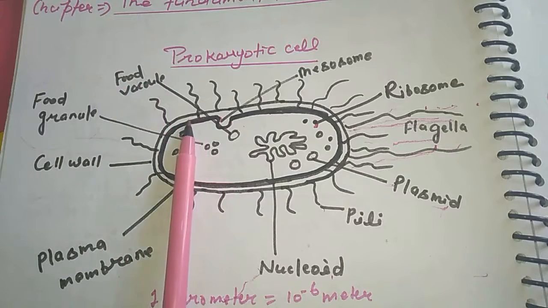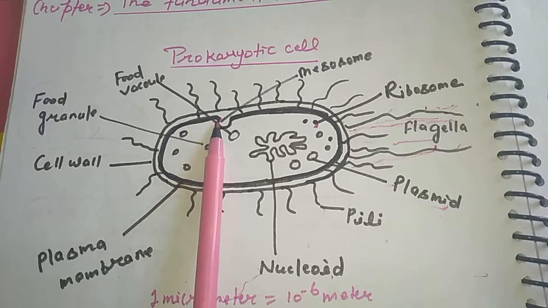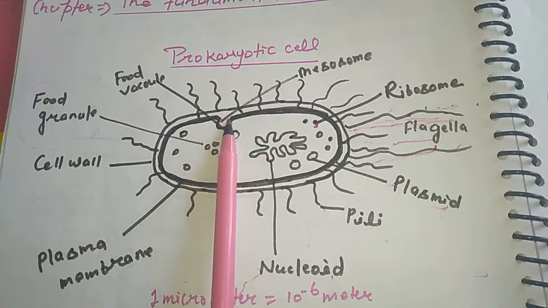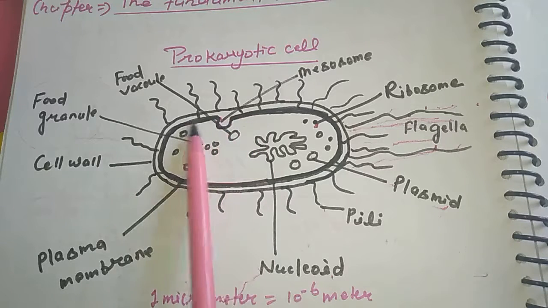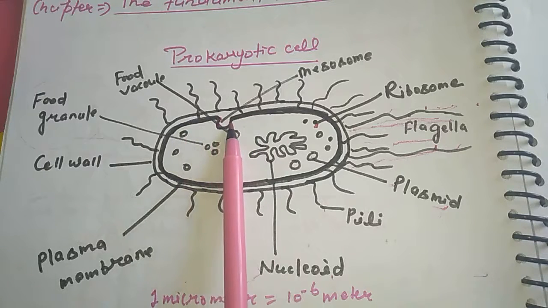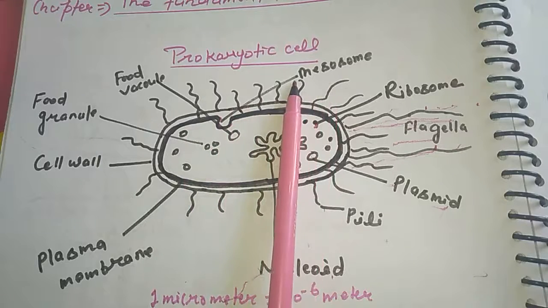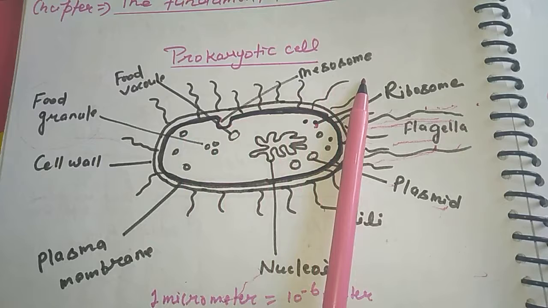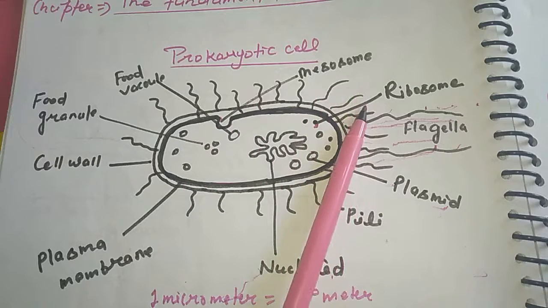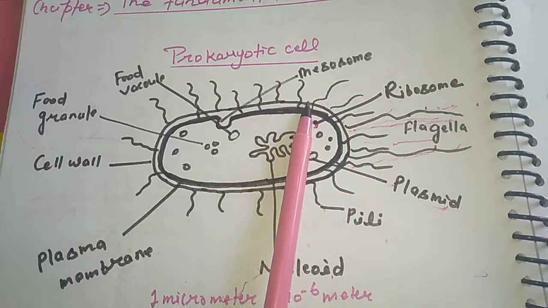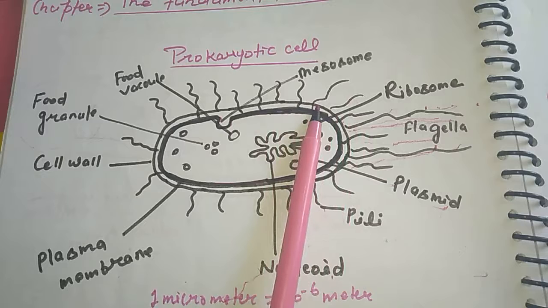These enfolded structures in the inner membrane of the prokaryotic cell, these bag-like enfolded structures, are called mesosome. While in the eukaryotic cell, plastids are present. In the plastid, chloroplast is present, and in the chloroplast, chlorophyll is present.